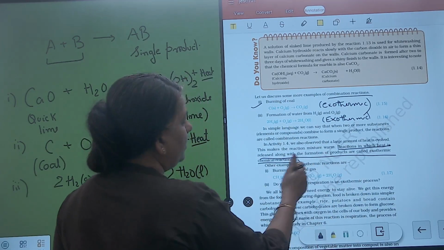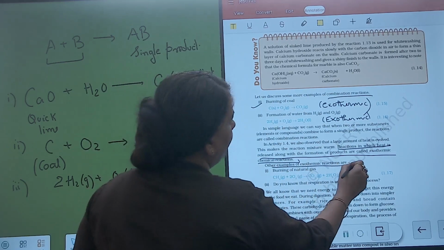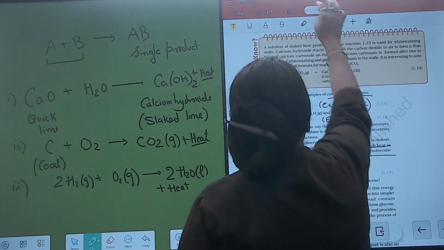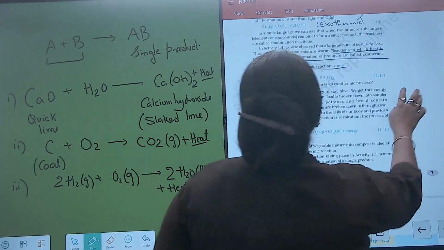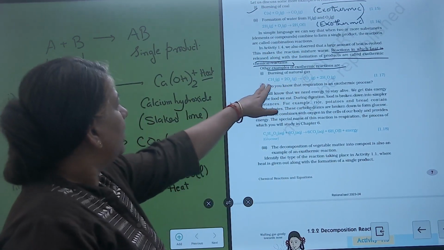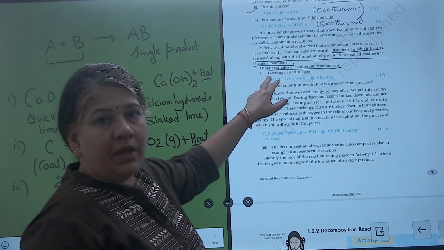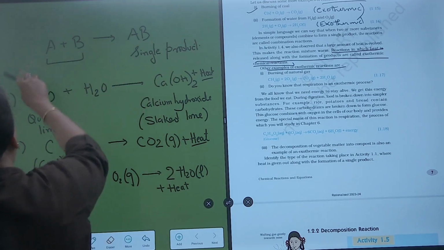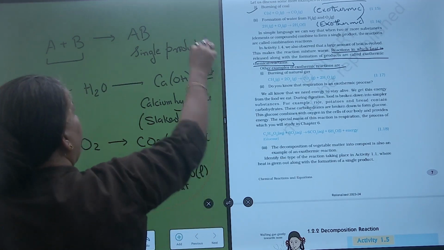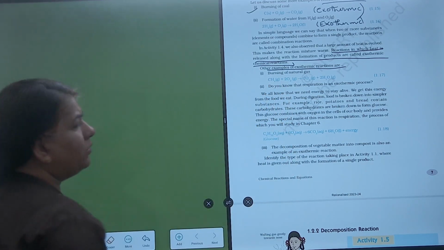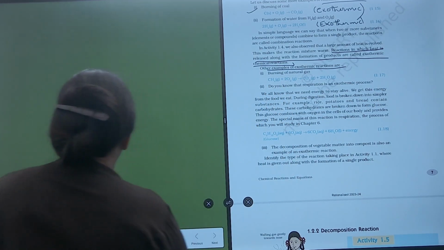Okay, some other examples of exothermic reactions are also given. See, burning of natural gas. Again, burning is always an exothermic process and natural gas is CH4, that is, this is a gas which is called methane.